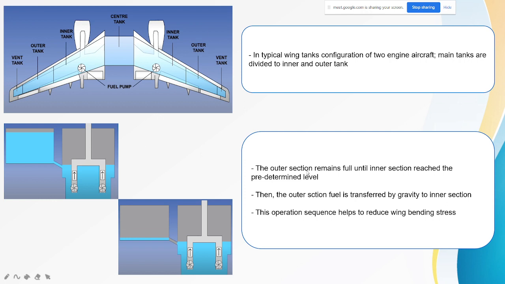The outer section will remain full until the inner section is consumed down to this predetermined level. Then, when the inner tank reaches this level, the outer section will be slowly consumed by gravity. It will be transferred to the inner section. This operation sequence will help to reduce the wing bending stress.